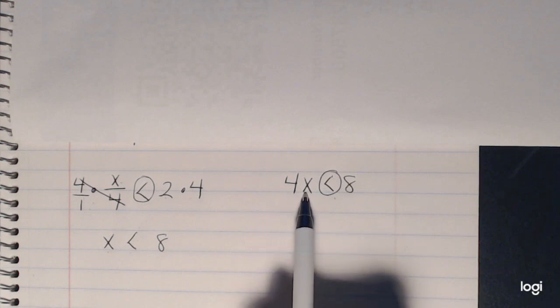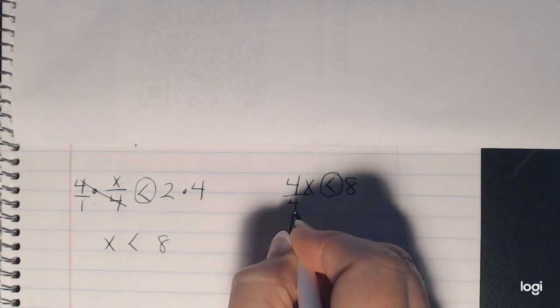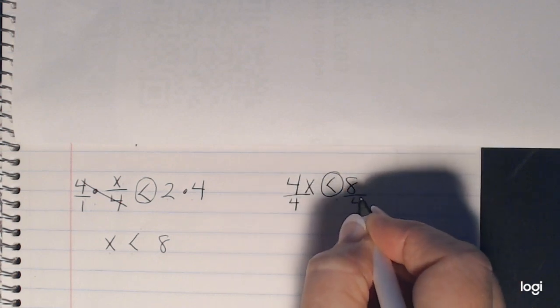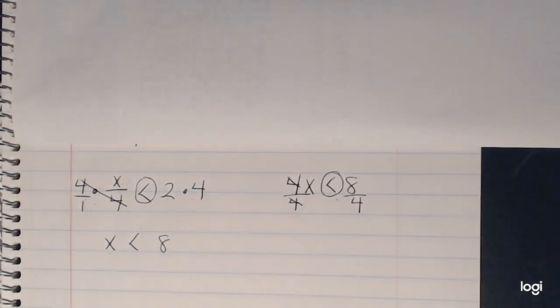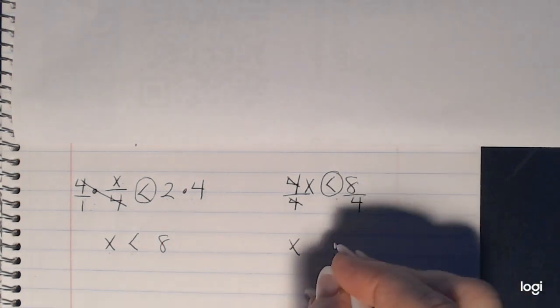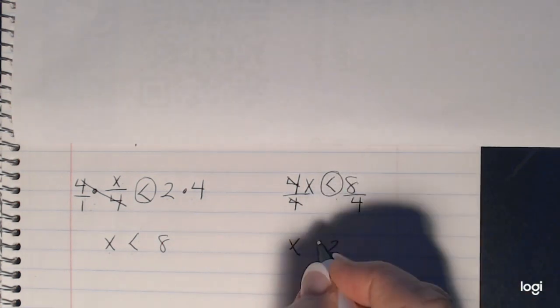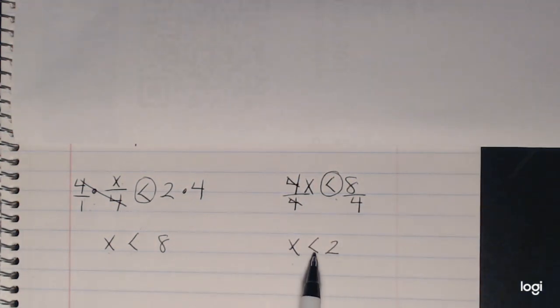The opposite of multiply would be divide by 4 on this side and divide by 4 on this side. 4 divided by 4 cancels because they're opposite, leaving 1x. And 8 divided by 4 is 2. Bring my balance straight down, and my solution is x is less than 2.